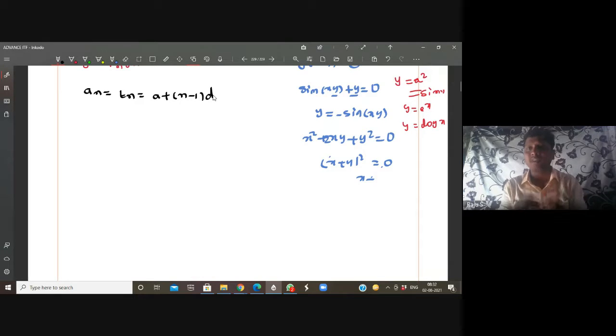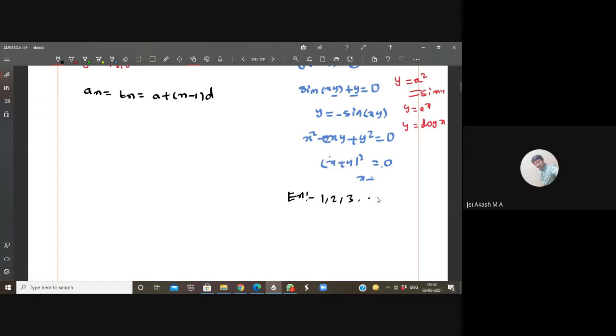So AP, arithmetic progression, is a sequence which increases or decreases by a fixed number. For example, can anyone give an example of an arithmetic progression? 2, 4, 6, 8, 10.